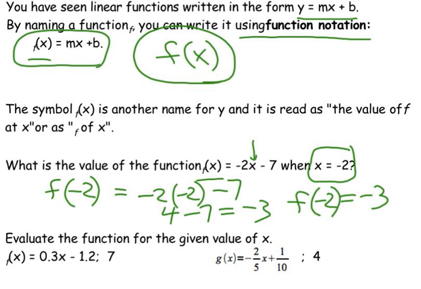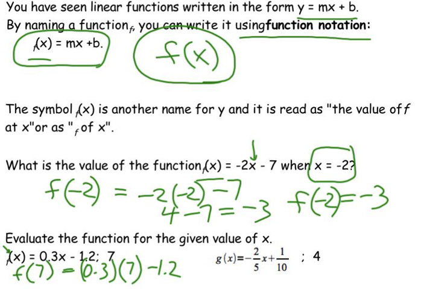Same sort of idea with another function. Down here, f of x is equal to 0.3 times x minus 1.2, and we're looking for the value when x is equal to 7. Again, we plug in the values: 7 is the value we're looking for, so it's 0.3 times 7 minus 1.2.